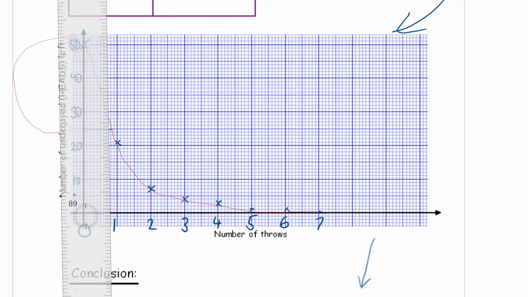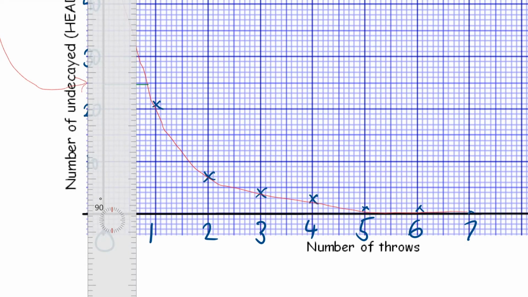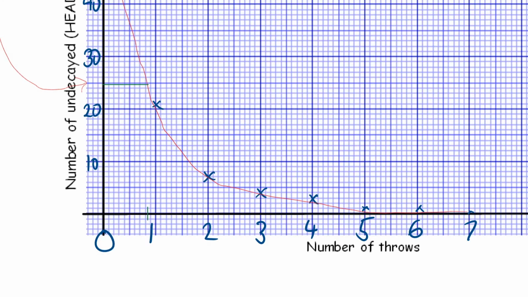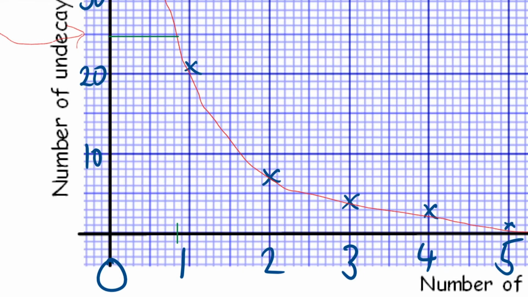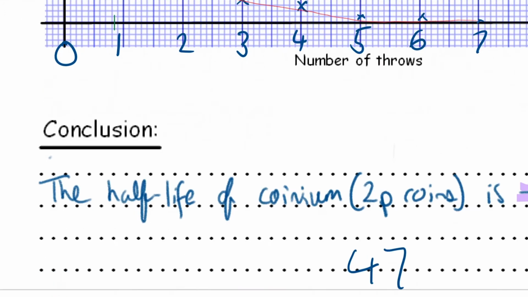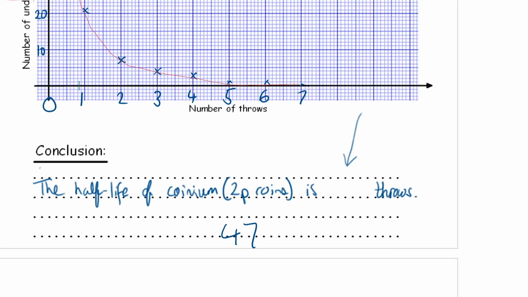And I would say, I'm going to zoom in a little bit more. I would say that looks as though it's 0.8 and 0.9. So I'd say 0.85 actually. Sorry, 0.85. I would put that down as the half-life of coinium.